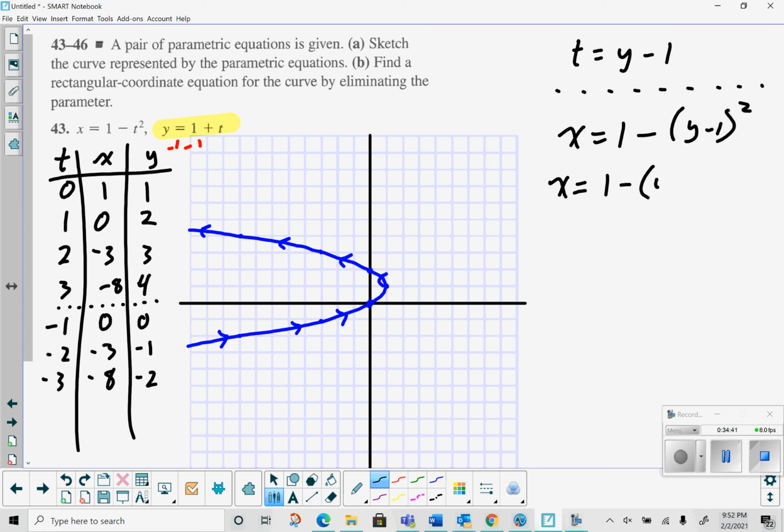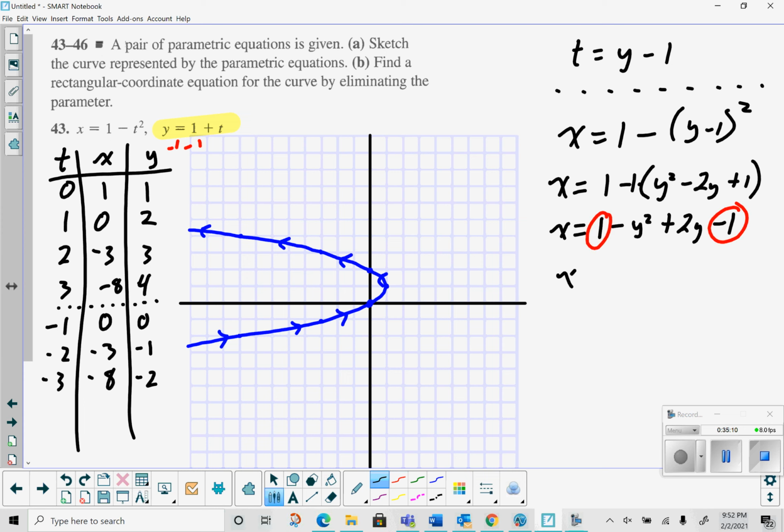That should give me y squared minus 2y plus 1. But again, it's 1 minus this, so I'm just going to basically treat that as a negative 1 and distribute. So it's 1 minus y squared plus 2y minus 1, and hey, would you look at that, the positive and the negative there.